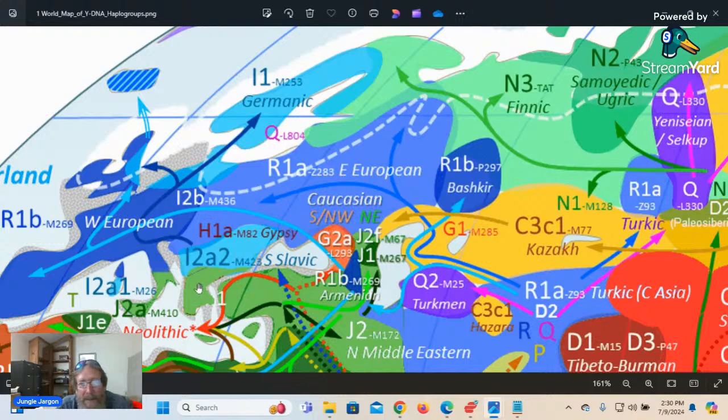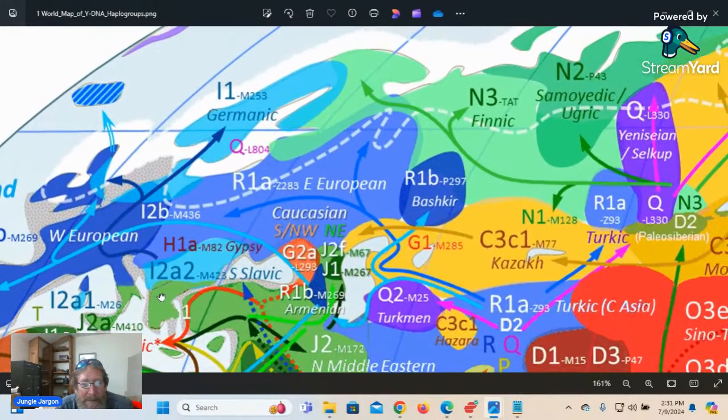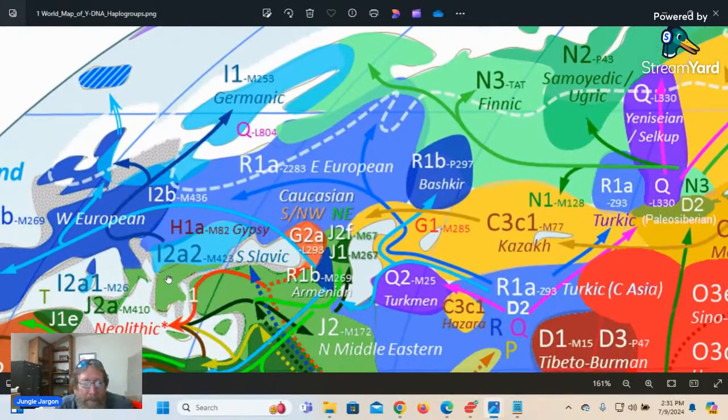So I had already designated Tubal as K, so I went and looked at the genetic makeup of Italy, and to my surprise, there was 8% of central Italy is still K to this day.